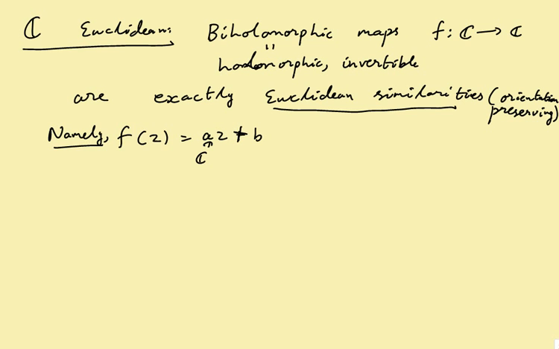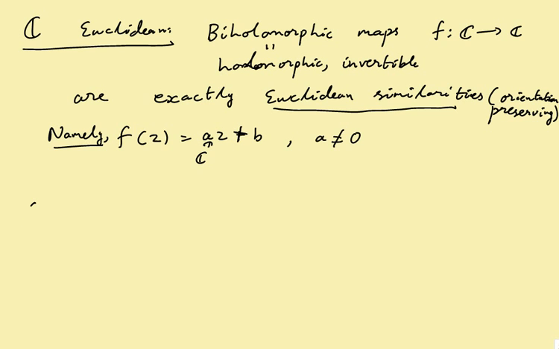So complex multiplication is scaling plus rotation, and B is simply translation. So what we get are the different Euclidean symmetries, and A has to be non-zero. And any Euclidean similarity, provided it preserves orientation, is in fact of this form. So C is Euclidean in this sense, that is the natural geometry of C as a complex analytic domain is the Euclidean geometry, but with similarities rather than congruences.